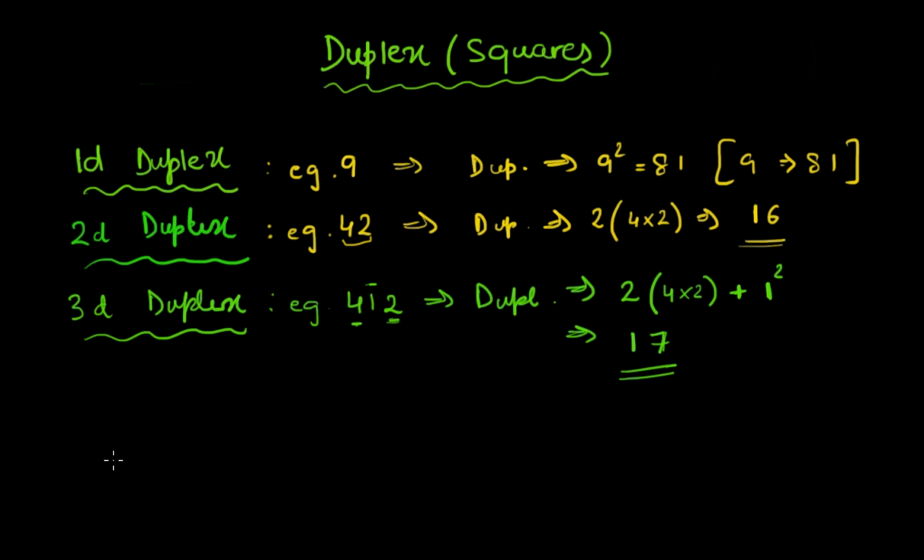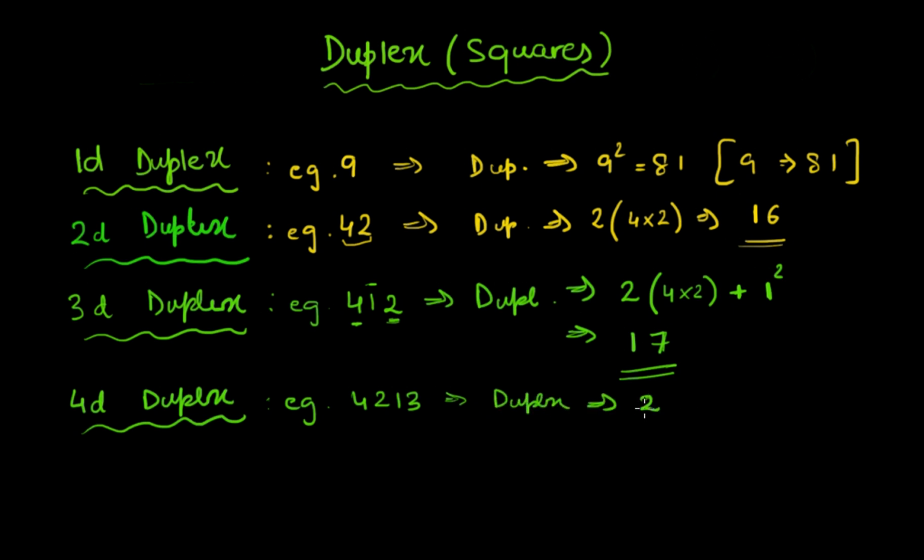Alright, so let's say we have a 4-digit number, for example 4213. The duplex would be 2 multiplied by the product of the first and the fourth digit, that's 4 into 3 in this case, added to 2 multiplied by the second and the third digit, that's 2 into 1.